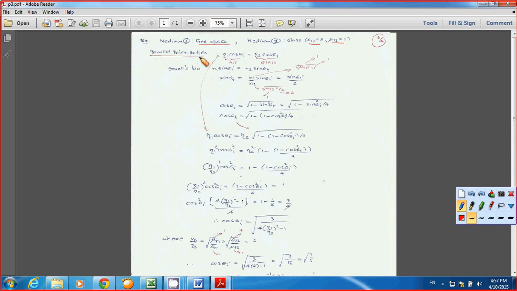For the case of this polarization, if you're looking for the Brewster angle, you simply apply the equation that the reflection coefficient has to be 0, and you end up with eta 1 cosine theta I equal to eta 2 cosine theta t. And also, if you're looking for the Brewster angle theta I, you need to write theta t in terms of theta I.